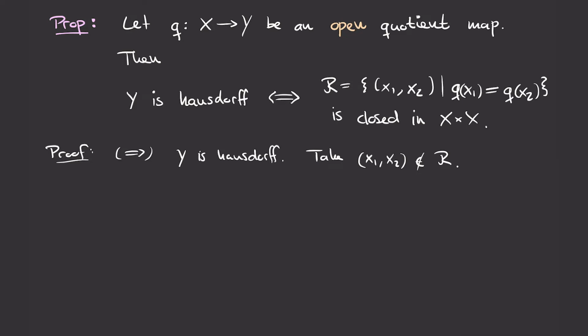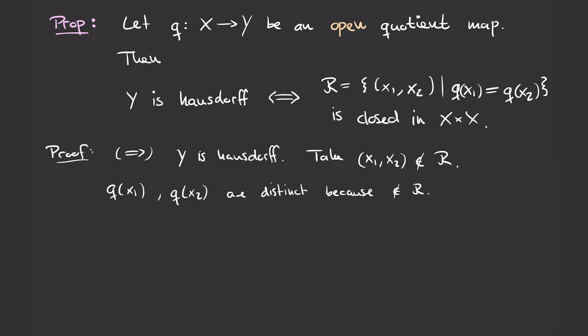In particular, we can take the points Q of x1 and Q of x2. So these are distinct because they are not elements of R. If you look at the definition of R, these are exactly all the tuples such that Q of x1 and Q of x2 coincide. So if we take something outside of R, it means that they have to be distinct.